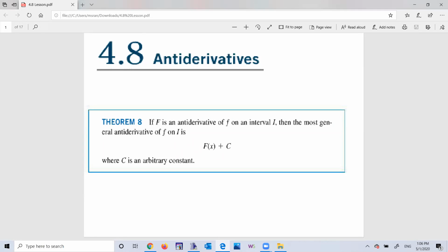So to start off, every time you're finding the antiderivative, every time you're going backwards looking for the original equation whose first derivative is what's given to you, you're always going to have to add a constant at the end. Capital F of x is going to represent that antiderivative equation you're looking for.